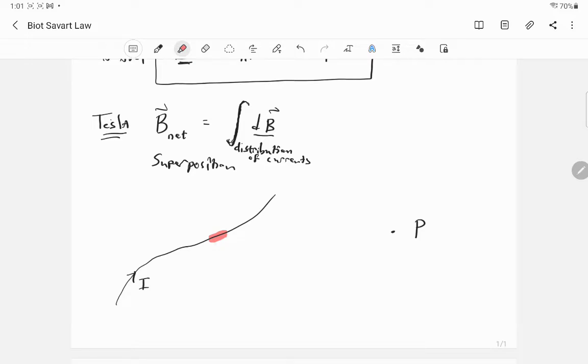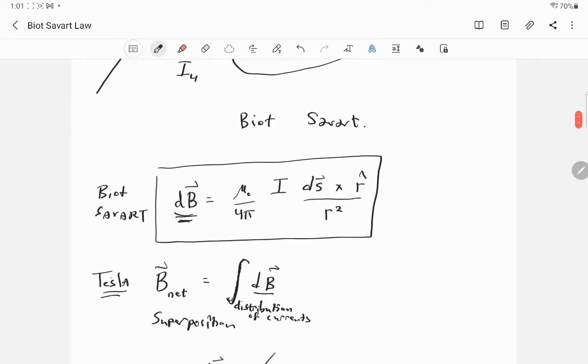And it's a calculus segment of wire. Notice that the current is heading up and to the right. So if I look at this little segment of wire that starts here and ends here, it's pointed like this. And this is what ds is. And so I and ds are here.